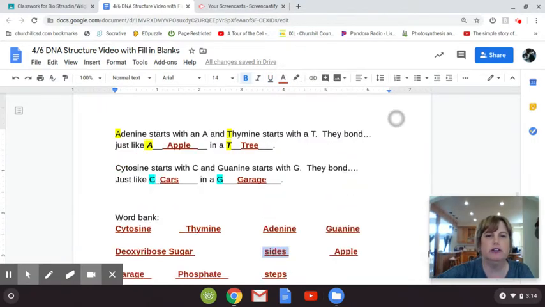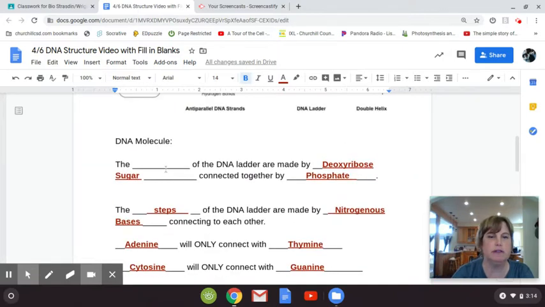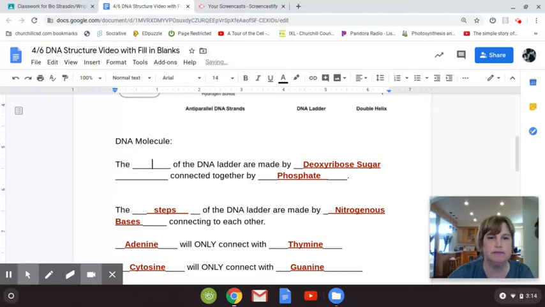And so if we look at that first word, this is what you guys will do. You'll go in and fill in the blanks. You can either write it or copy and paste it. But in this case, I'm going to put in the word sides.